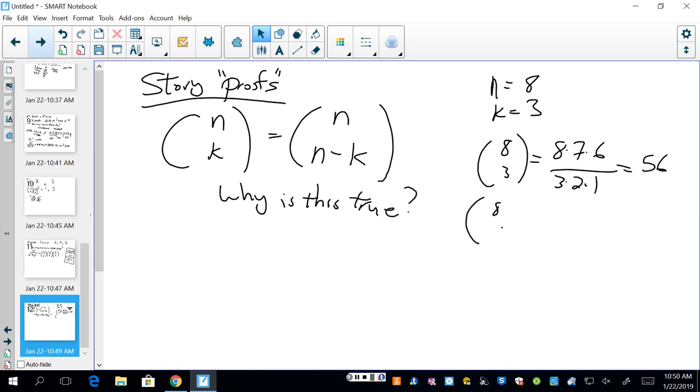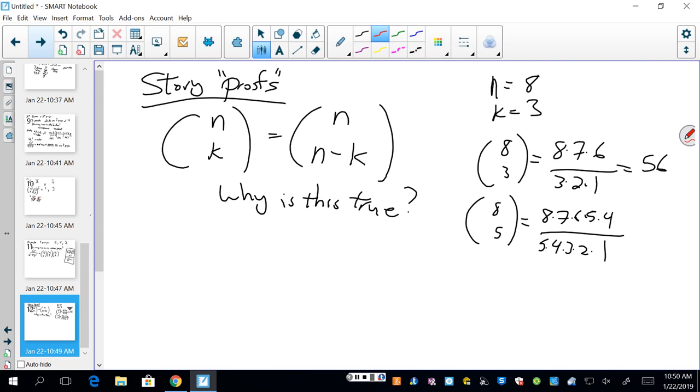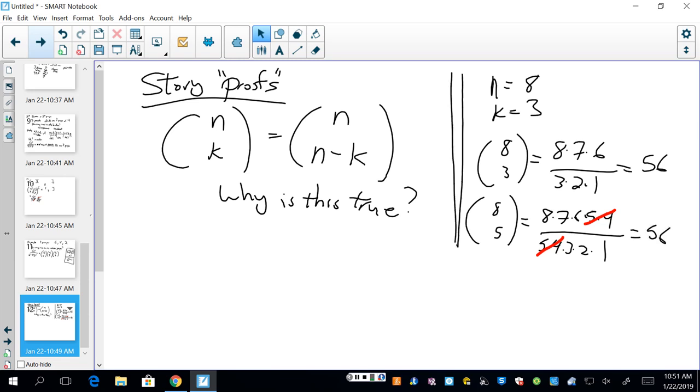And then 8 choose 5 is 8 times 7 times 6 times 5 times 4, and we go down 5, and then 5 times 4 times 3 times 2 times 1 is the numerical value. These 5 and 4s, if you cancel those portions up there, you see that they're the same, and it's still 56. Right? So in that one numerical instance, it's clear that it's the same.